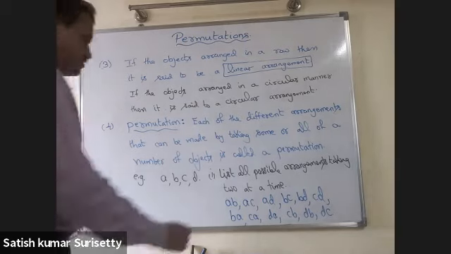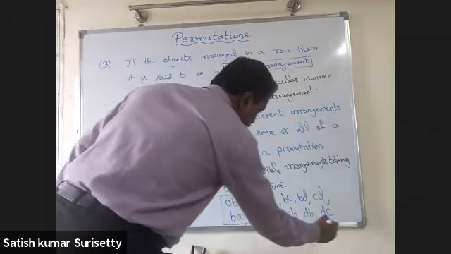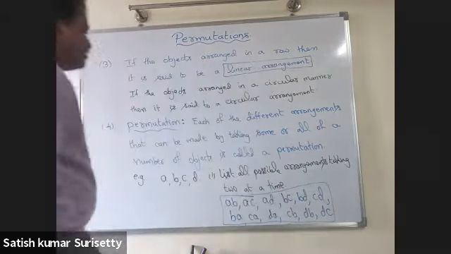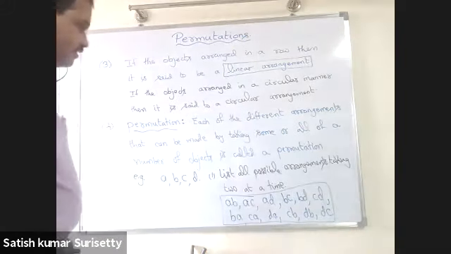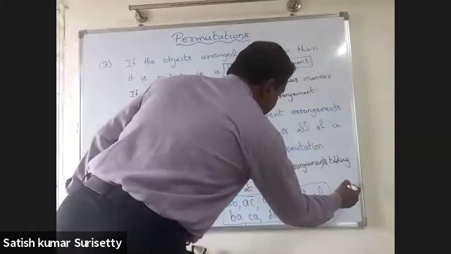That is the total number of arrangements of 4 objects taken 2 at a time: 12.